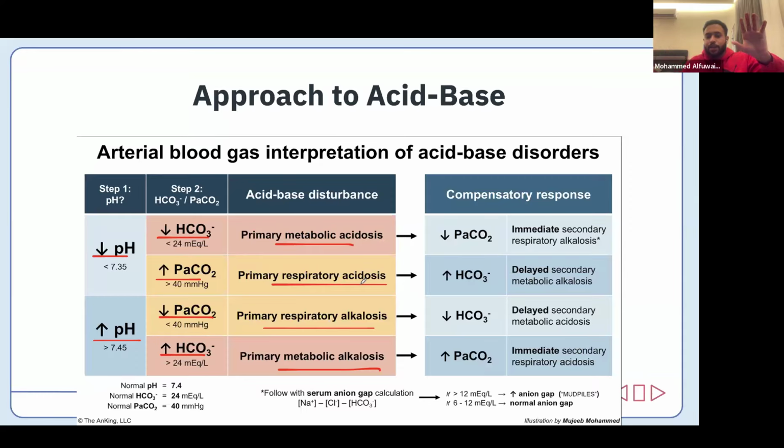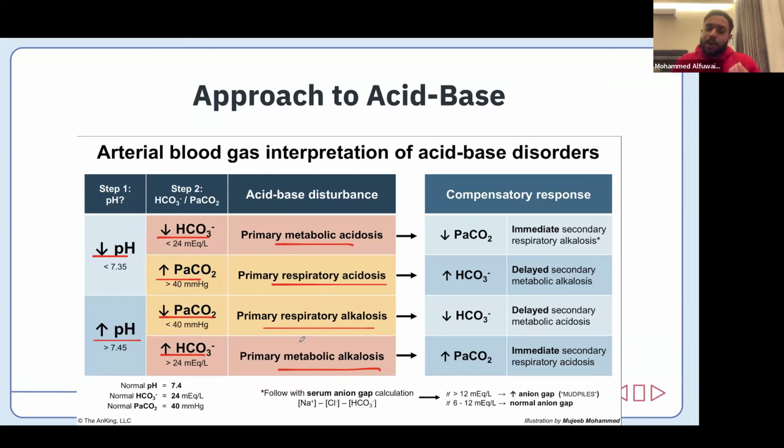It doesn't work like that. So you try to increase the base, which is bicarb. So you reabsorb more bicarb. This takes time in the kidneys. It doesn't work like in compensation of metabolic diseases. So if you have, for example, a patient with respiratory acidosis, physiologically, you'll have compensated metabolic alkalosis.